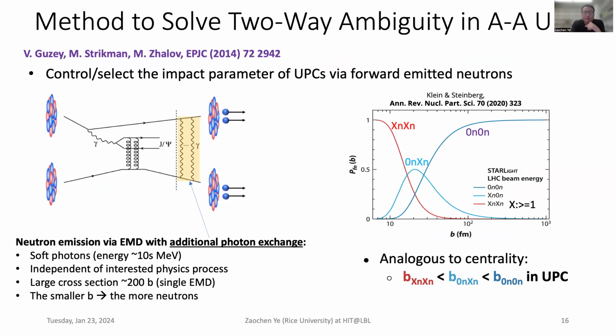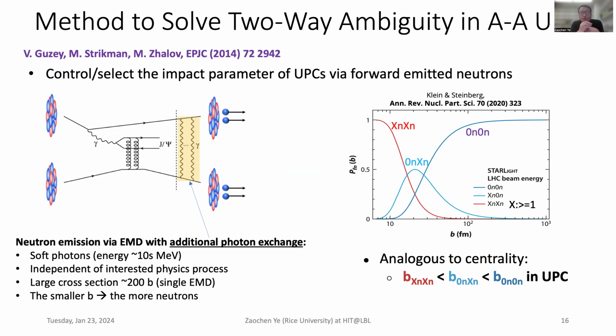A theoretical paper published about 10 years ago proposed a novel approach to solve this two-way ambiguity by looking at the forward-emitting neutrons. The basic idea is that when two ions interact at a small impact parameter, the additional soft photon exchange will result in more neutron emissions.